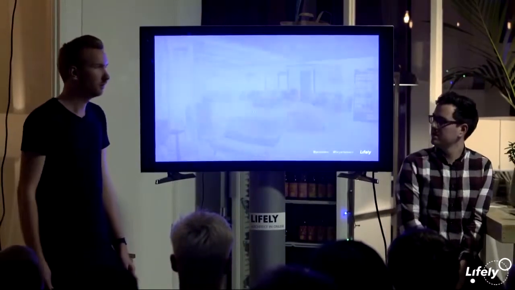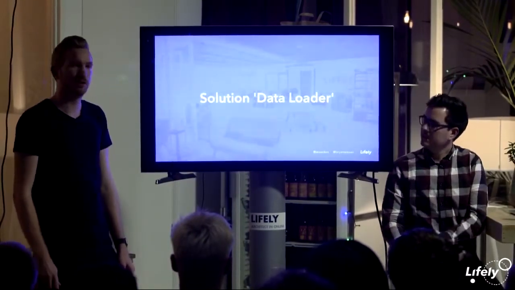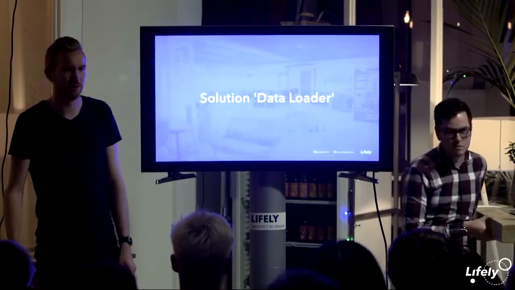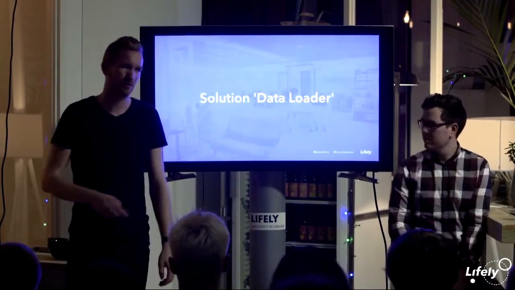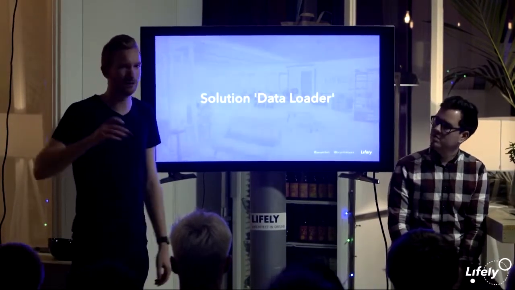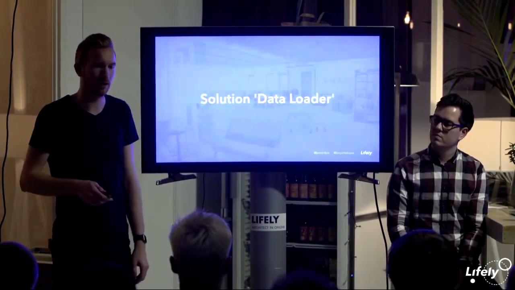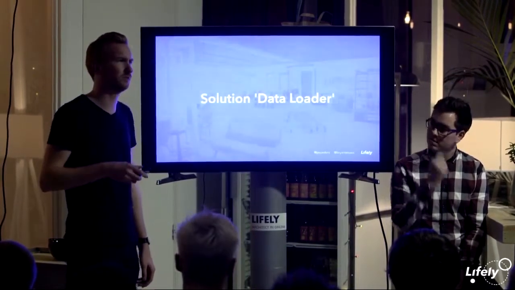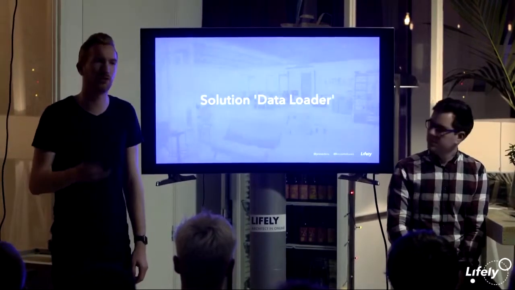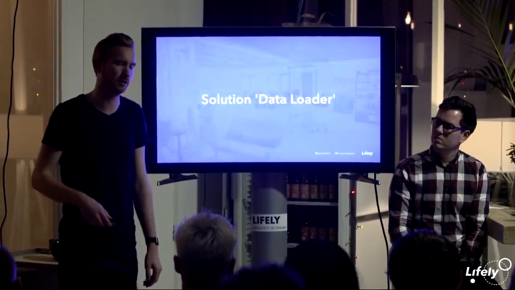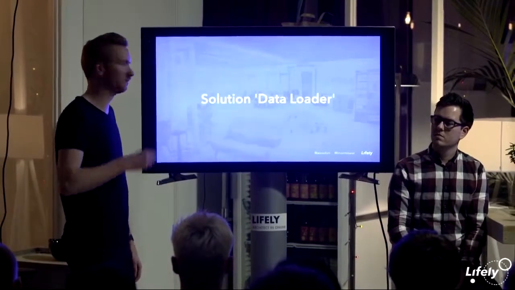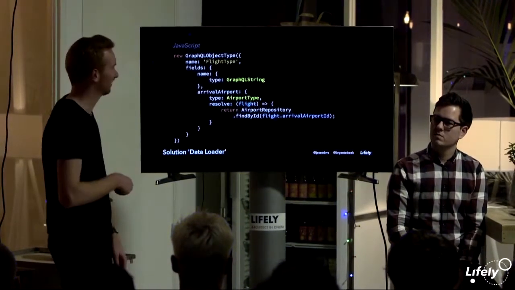Okay, so there is a solution to prevent requesting the same airport 3 times, and also a solution for when it would request 3 different airports. Doesn't matter, it just fixes something. Let's go into it.